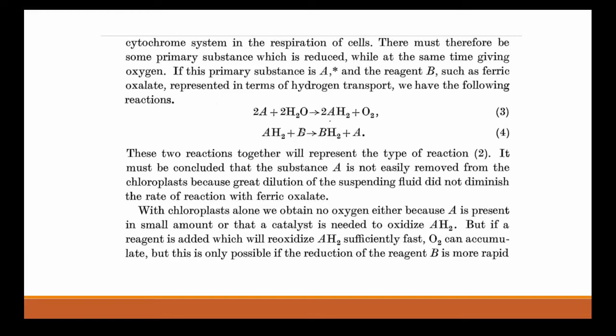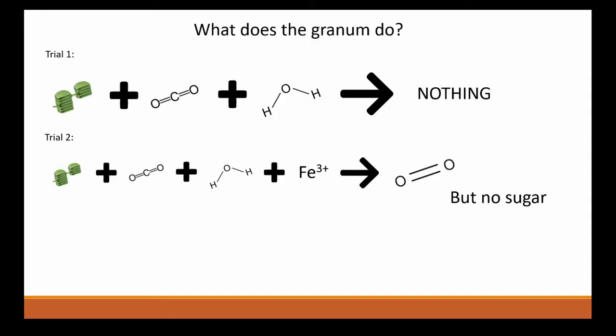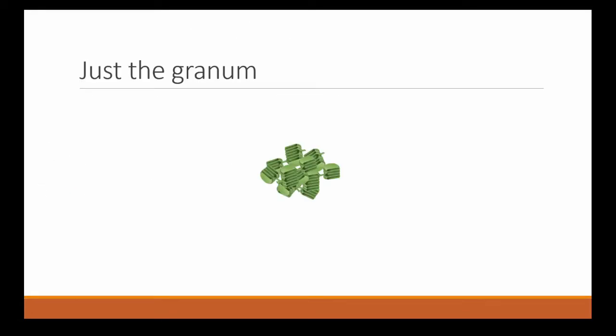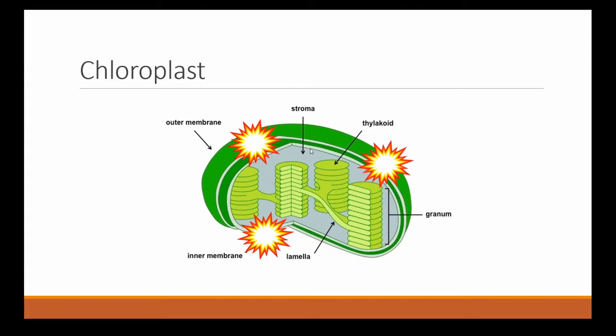So presumably B is carbon dioxide, and carbon dioxide gets reduced to form the sugars, but why does that not take place here? Well, firstly, it's because you don't have the NADPH, and that's because this is just the granum. The NADPH exists in the stroma over here. So you have NADPH molecules.